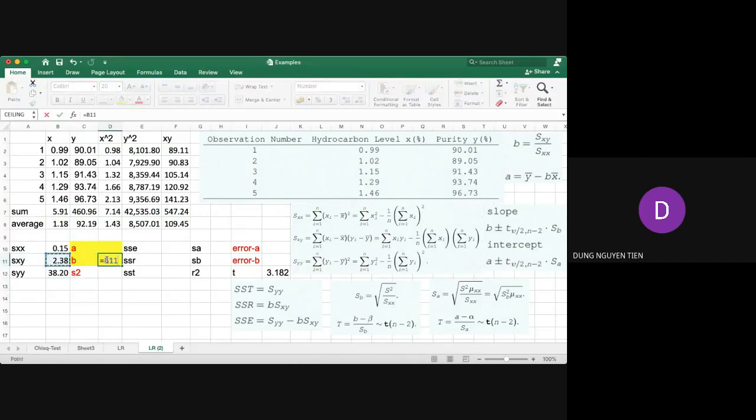B is simply Sxy over Sxx. That is the one. And A is simply y bar, the average value of y, minus b times the average value of x. Okay? Is that all right? It is okay.